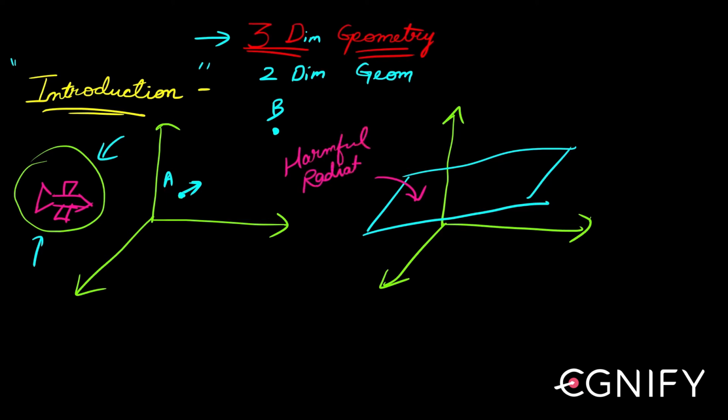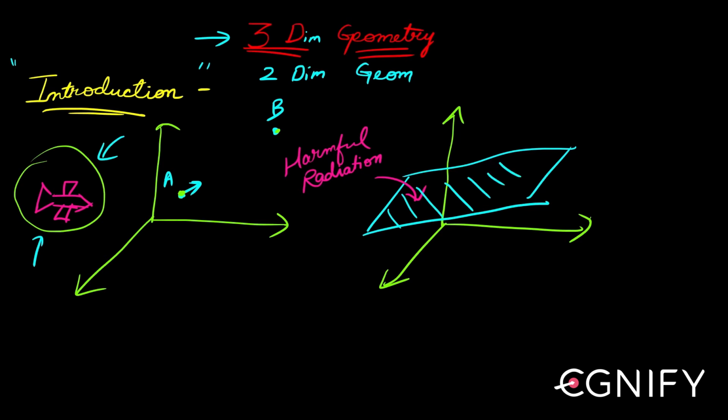So if your aeroplane enters this particular zone, then it's likely to be in danger. So you have to make sure that throughout the course of its motion, from this A point to B point, it does not enter this particular plane.